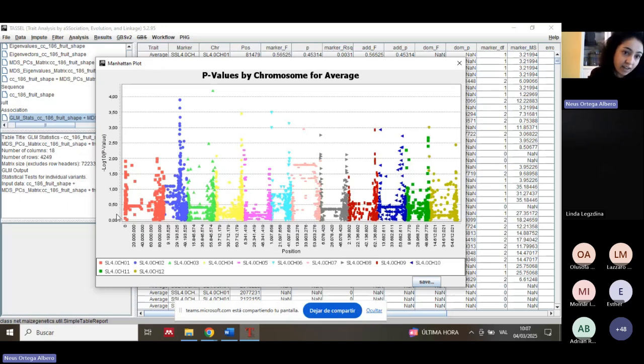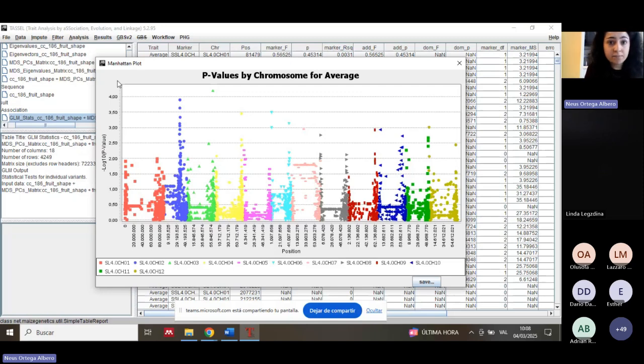So here we have the log 10 value, and we can see that no QTL is surpassing this value of 6, which is more or less the threshold. So with the phenotypic and genotypic data we have, we are not able to relate this trait with any QTL, with any genomic region in the genome.